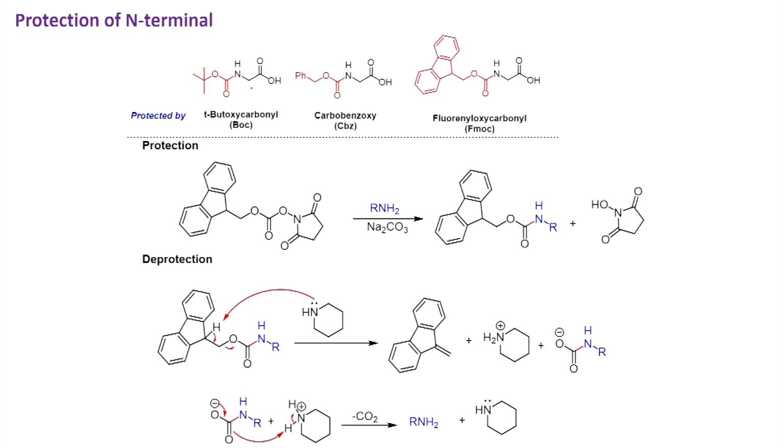In the case of the amino group, these are the common protecting groups we use for the protection of the amino group. Here, the tertiary butoxycarbonyl group, the anhydride is available.